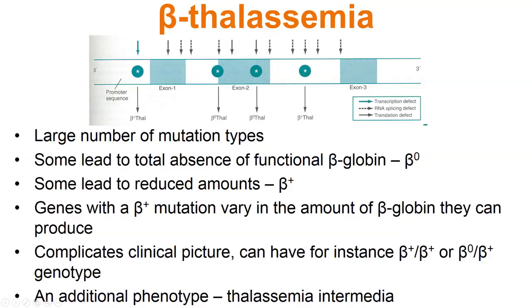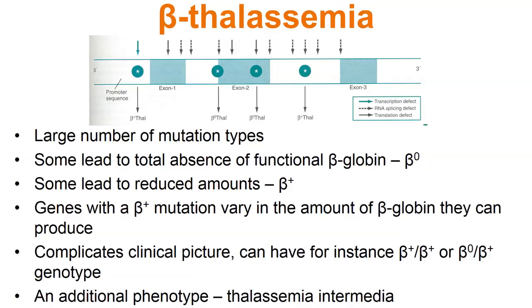Unfortunately, what that means is the way beta thalassemia presents can start to get very complicated. You can have two completely normal genes, or two genes producing, for all intents and purposes, absolutely no normal beta globin. But then you can have everything in between as well, because you've got all these different types of possible beta plus mutations.